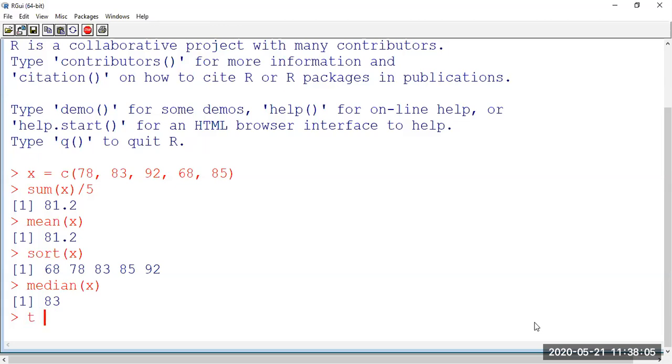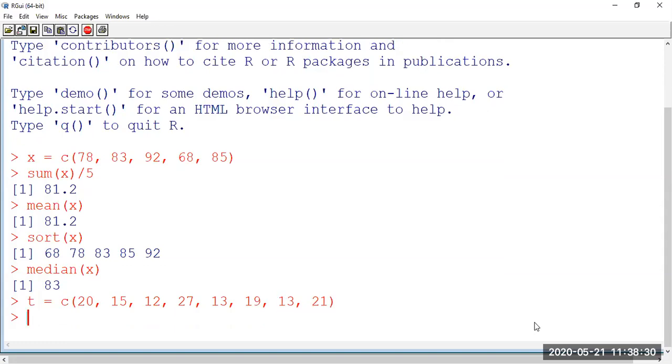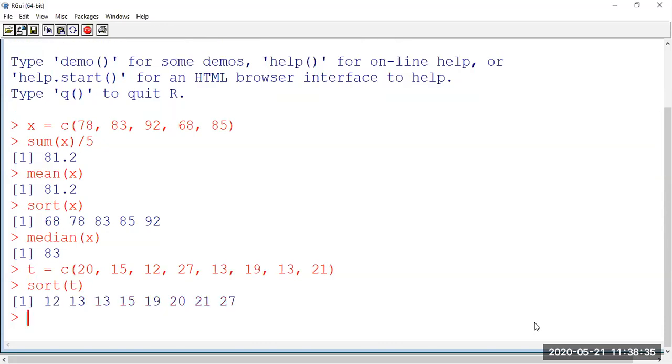Now we're going to enter the times, so t is going to be the collection of these values: 20, 15, 12, 27, 13, 19, 13 again, and 21. So these are the values. Now we're going to sort t, and we get our list.